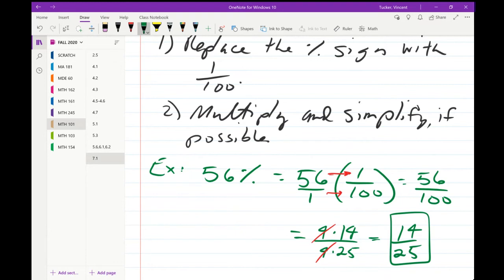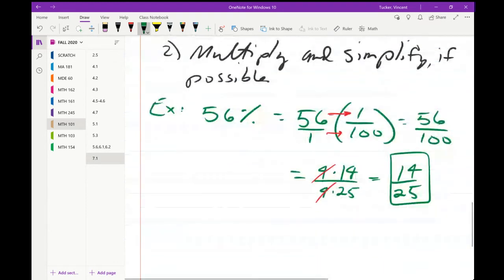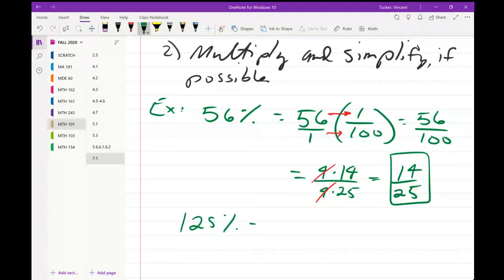All right. 125%. Do the same thing. Replace that percent with 1 over 100.